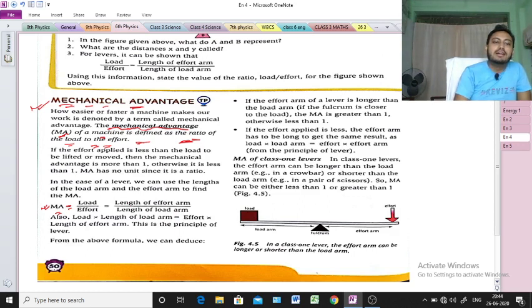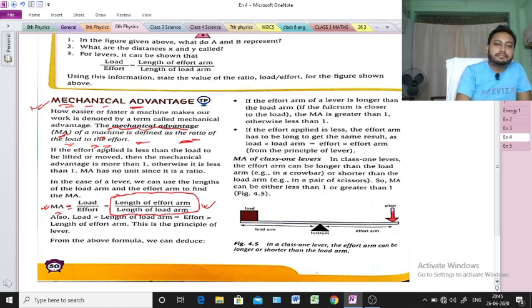You have to remember this, this formula is very important. Mechanical advantage equals length of effort arm by length of load arm. Clear or not? I hope you understand.